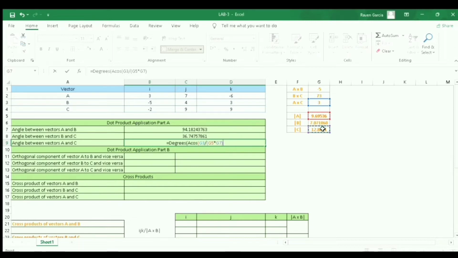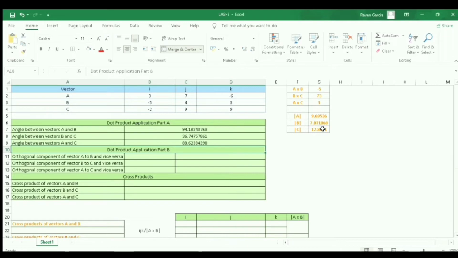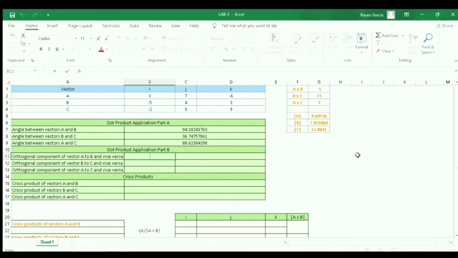88.62384398. For dot product application B, at the orthogonal component of vector A to B and vice versa, input the formula equals G1 over G6. The answer is negative 0.7071067781.